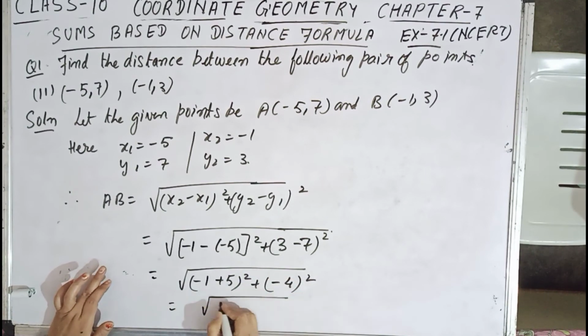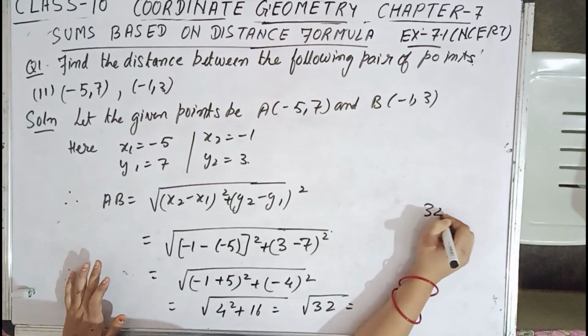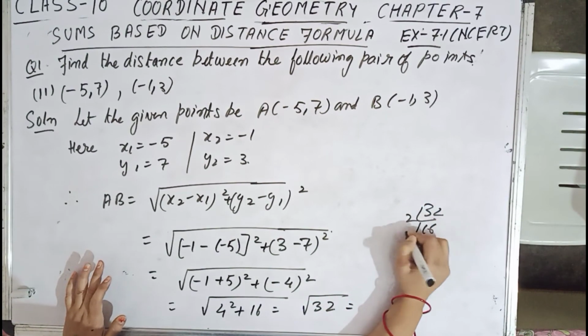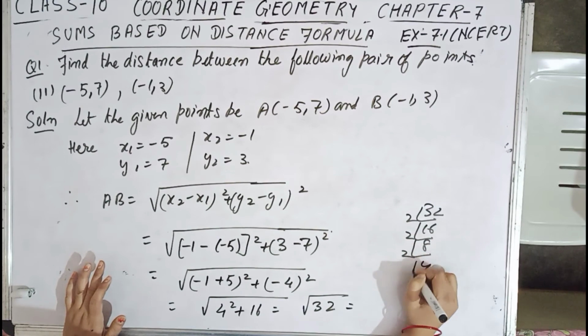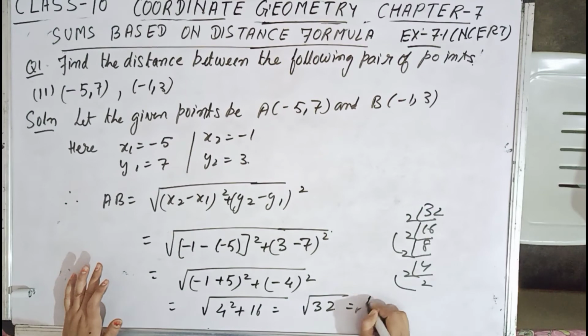This will be equal to 4 square plus 16, equals the square root of 32. Now the square root of 32 we can write as 4 root 2. 4 root 2 units.